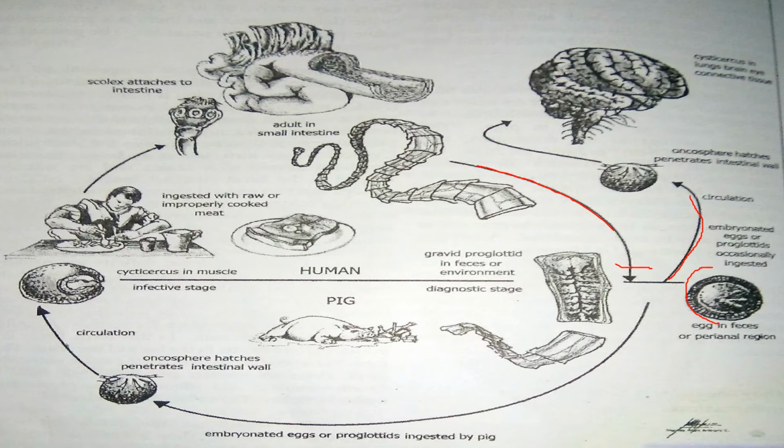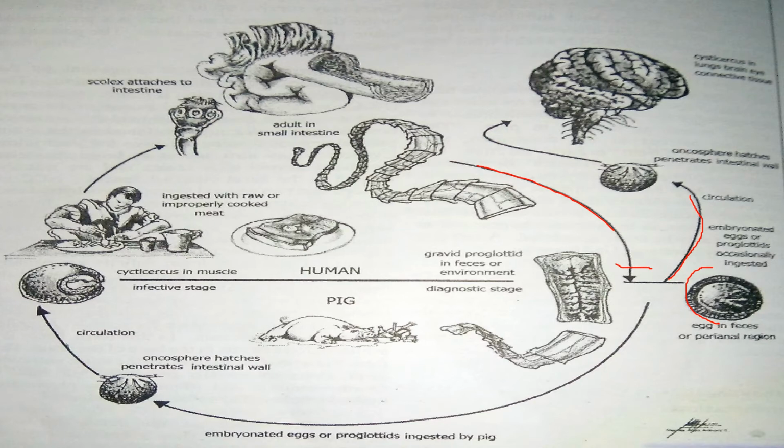The oncosphere here hatches in the duodenum and spreads to different organs through the bloodstream. So it will be spread via portal circulation. It might also enter the lymphatics and reach various organs like subcutaneous tissue, muscle, same as in pigs, in the muscle fibers.